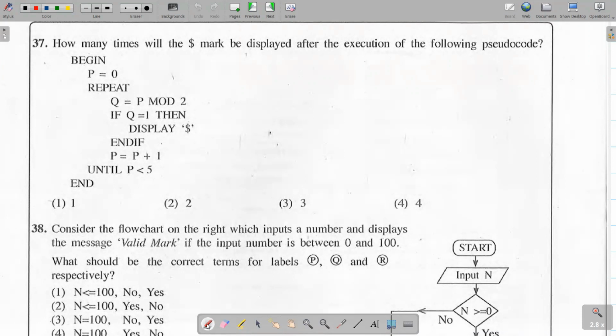So this will begin p equals 0, right? So p equals 0 means we can take p and it is 0, and then it has repeat until.